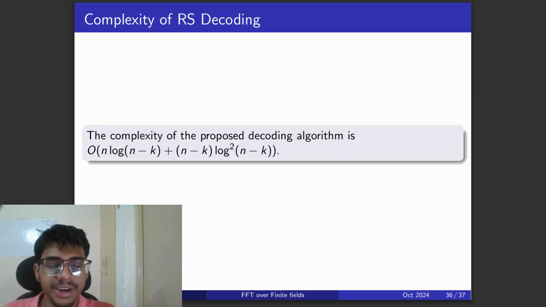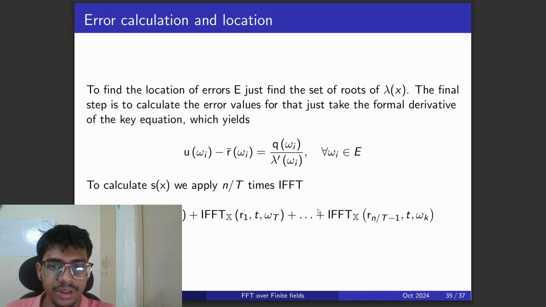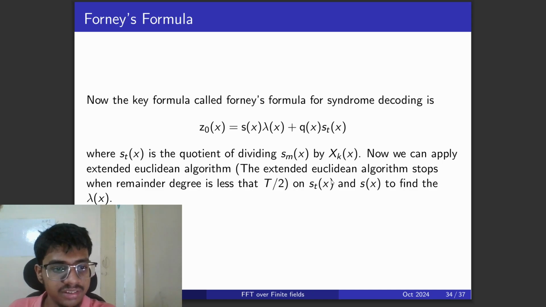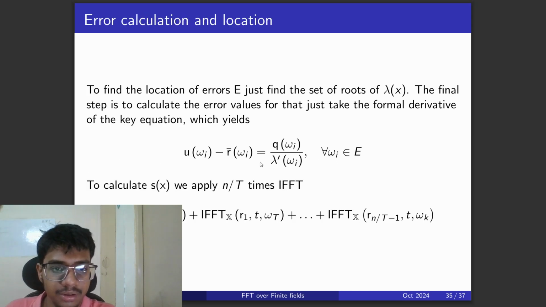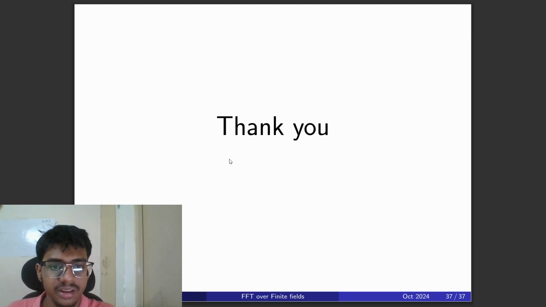By this, we will get the complexity of RS decoding. For our first step, we get O of n log of n minus k. For the second step, we will get n minus k log square n minus k.